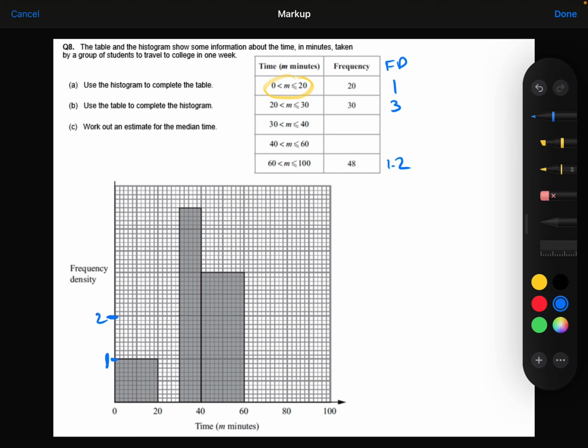This is going to have to be 2, 3, 4, 5, and so on. Whilst I'm at it, I'm also going to say that's 0.5, 1.5, 2.5, 3.5, 4.5.